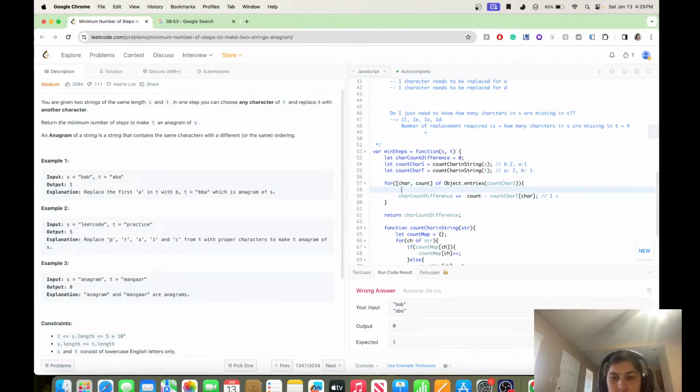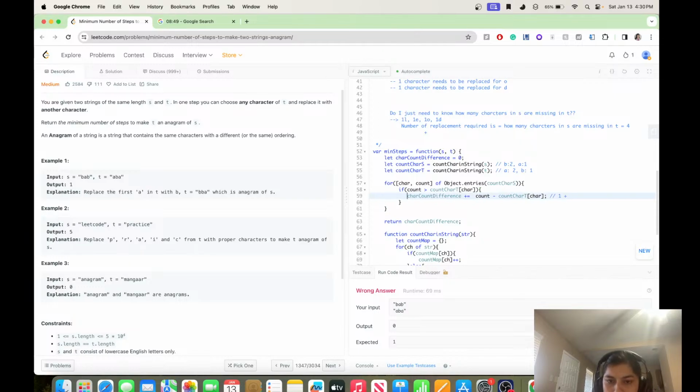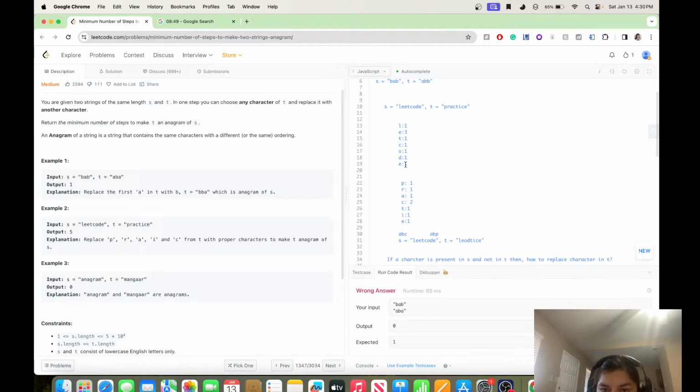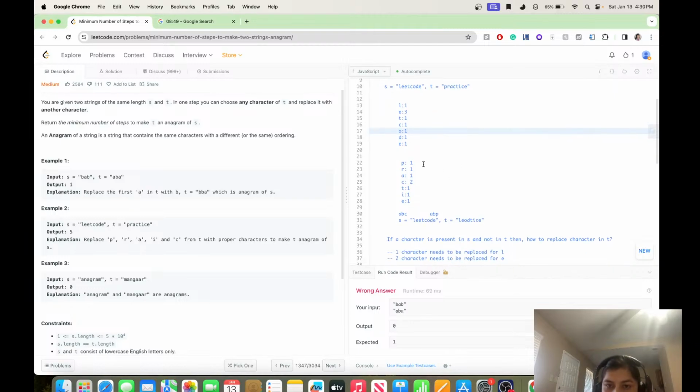Only if count is greater than, because if you look at here, suppose if C, so it will be 1 minus 2, you know.